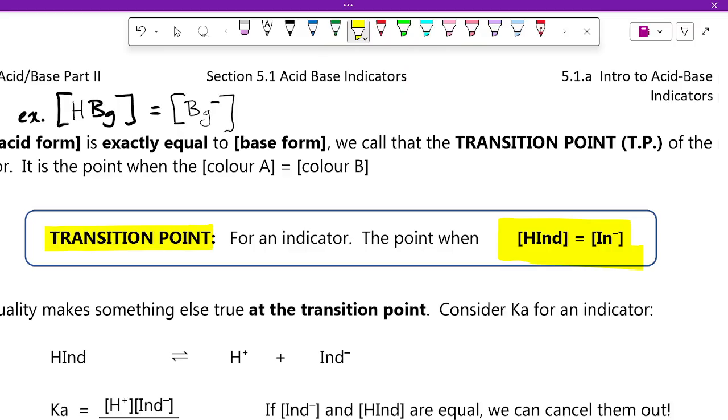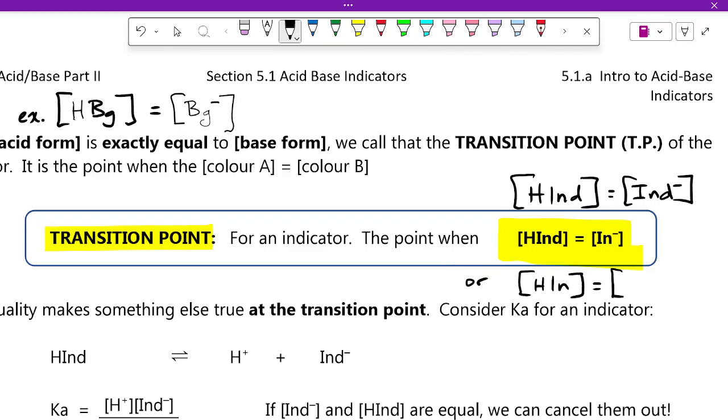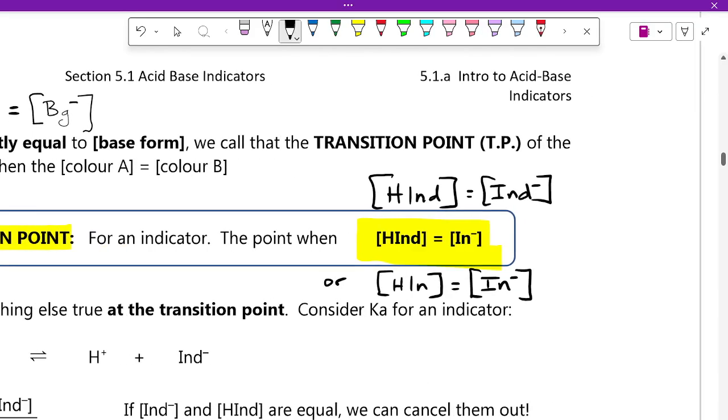I'm not consistent between my two things. You can pick whether it's IN or IND, but you should not switch halfway through. So this should say concentration of HIND is equal to the concentration of IND minus, or it should say concentration of HIN is equal to the concentration of IN minus, but I need to fix that because I've mixed and matched, and that doesn't make any sense, right? Fix.